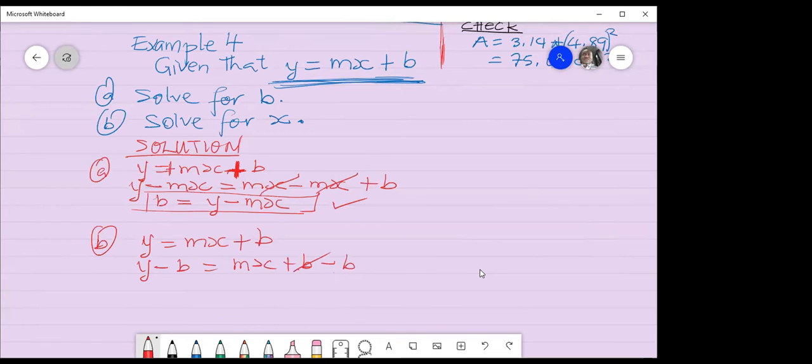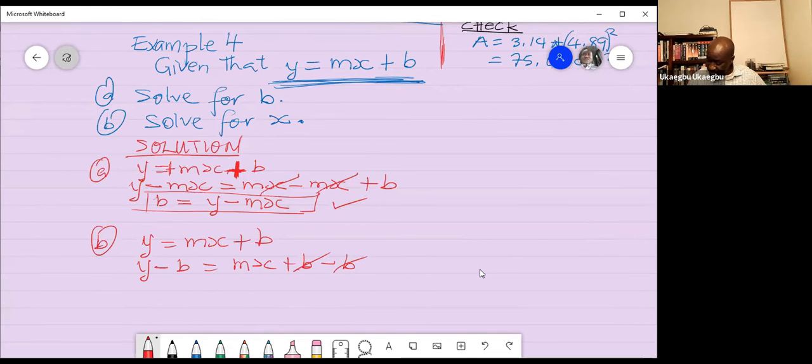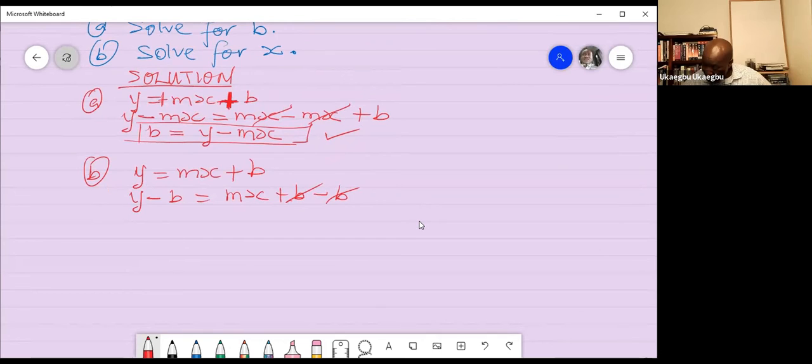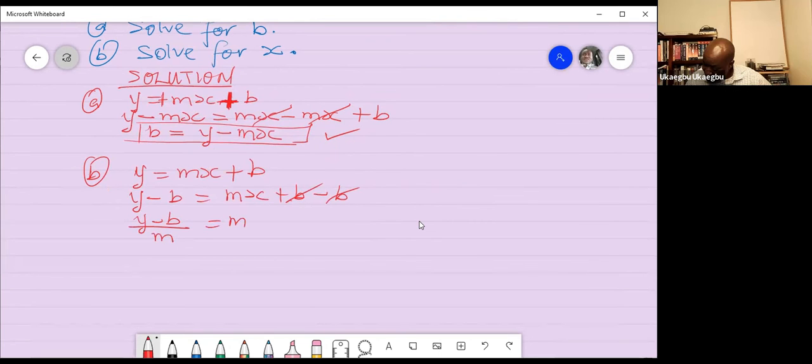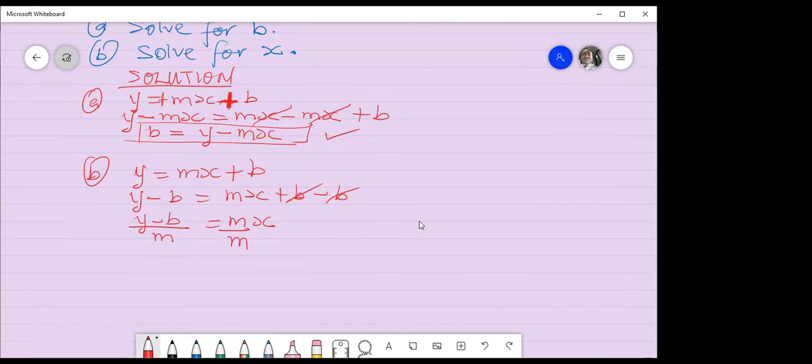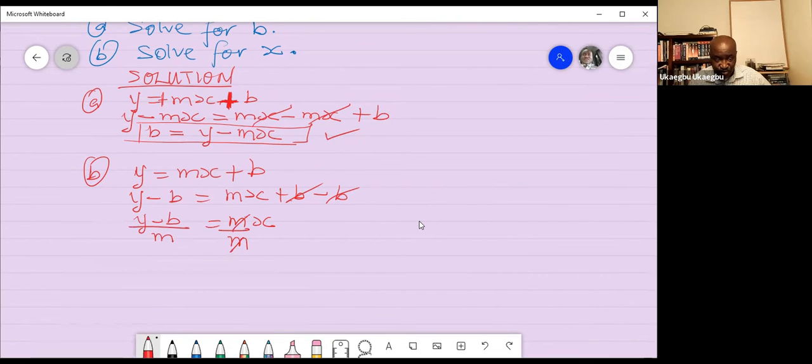So this crosses out. Next, go ahead, please. Okay, so dividing both sides by m, which is y minus b divided by m equal to mx divided by m. So this will cross out m, and you are left with x.